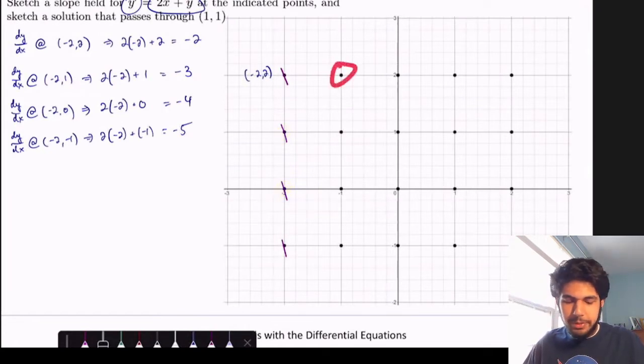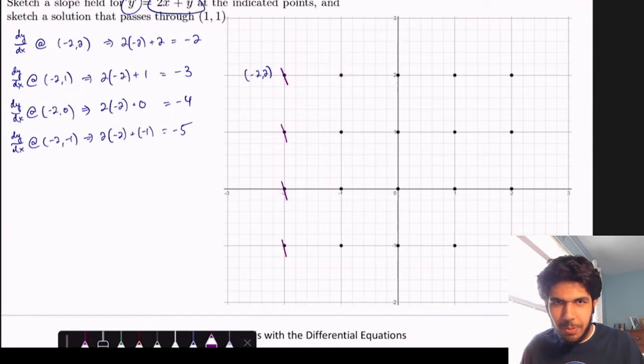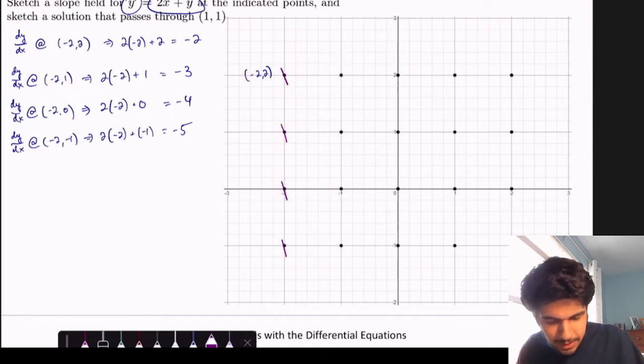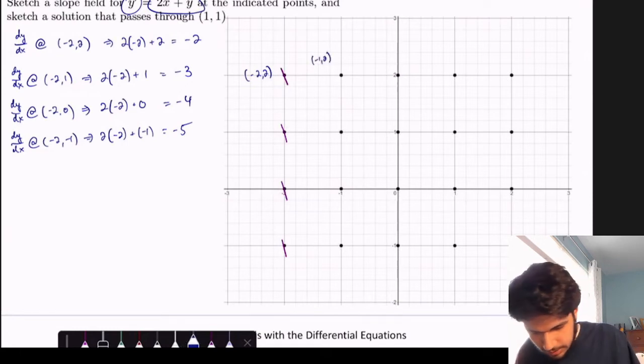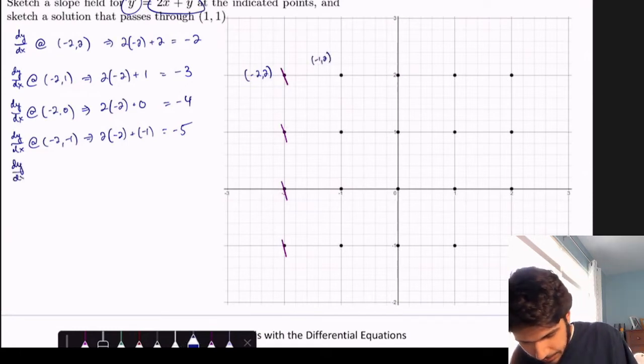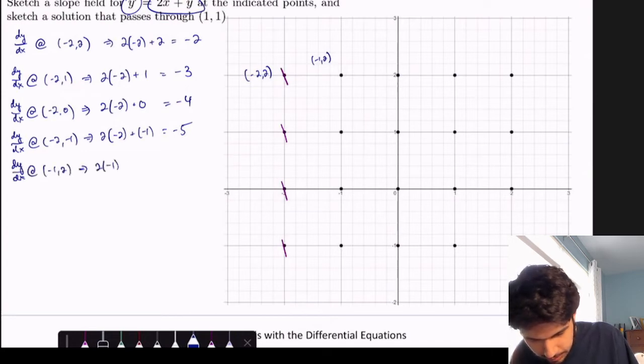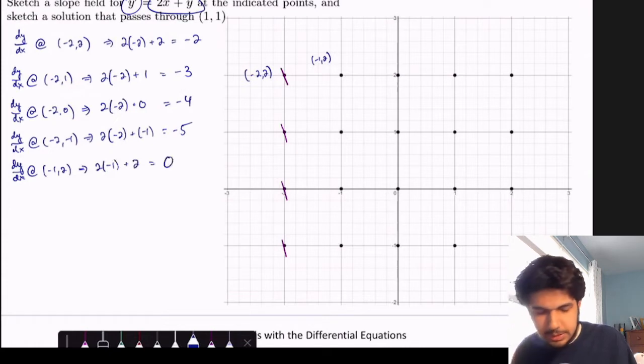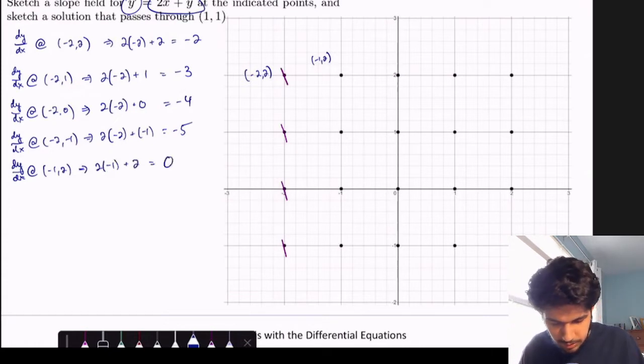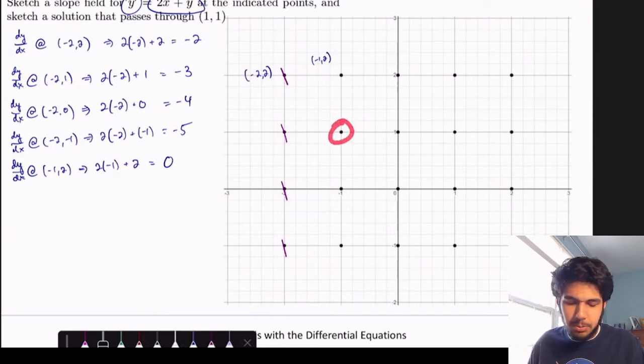So let's do a point like this, and then I'll show the pattern, and then we won't do all of them. So this is (-1, 2). So dy/dx at (-1, 2) is equal to 2 times negative 1 plus 2, which is equal to 0. Then let's just start to hypothesize what these next points will be.